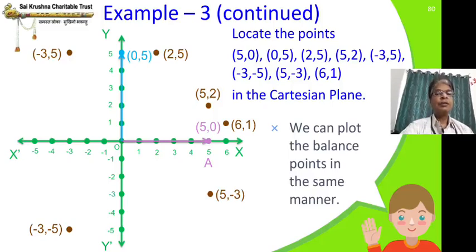With that you will be able to plot every point without any difficulty. So if there is any mistake, you can correct it in your notebook and write the reason also why you made the mistake, then go to the next page.